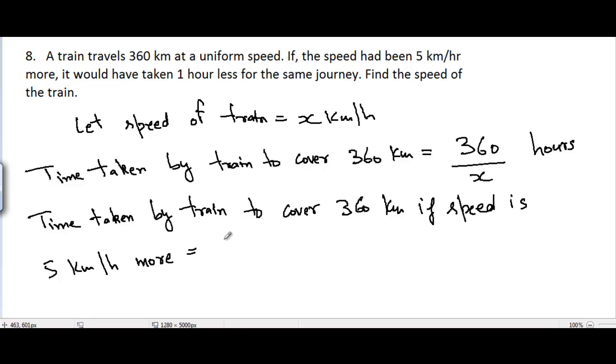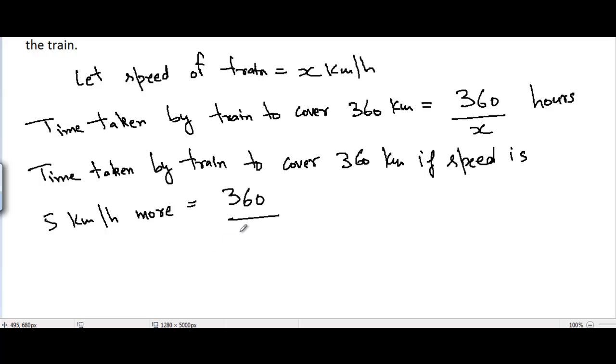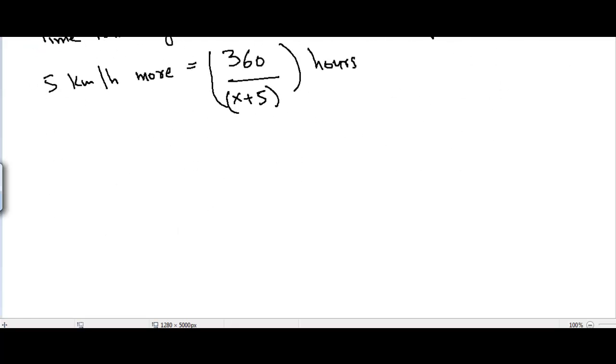That would be equal to 360 divided by x plus 5 hours. If the speed is 5 km per hour more, then the speed would be x plus 5 km per hour and the time would be 360 divided by x plus 5. So we have two times now, 360 divided by x plus 5 and 360 divided by x.